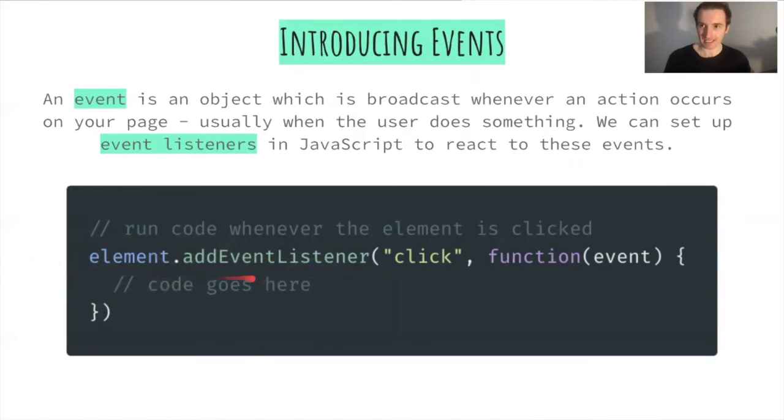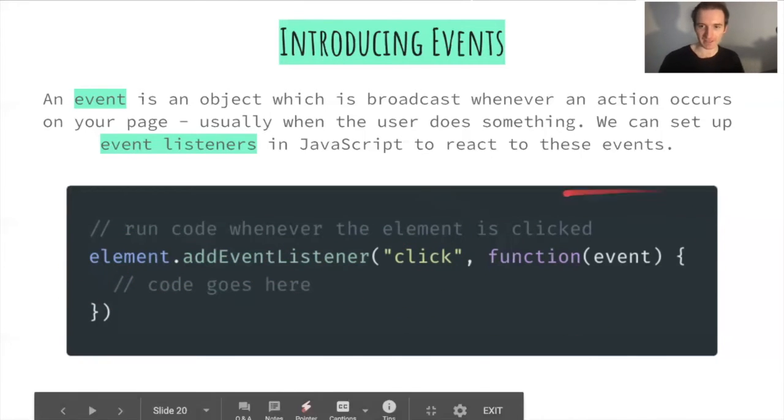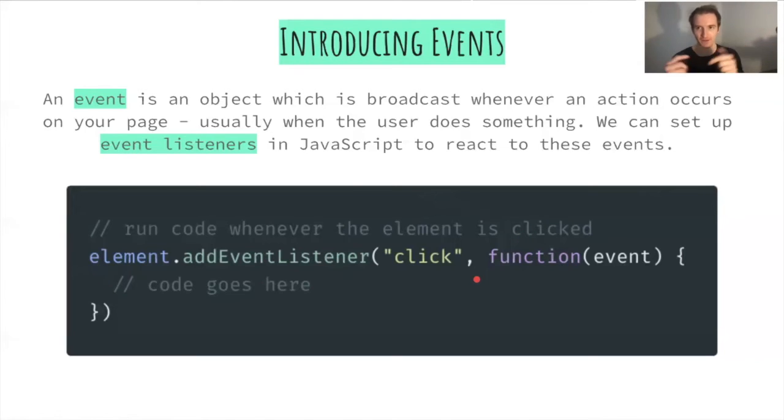The deal with a listener is that we pass in an event that we want to listen to. In this case, it's a click of the element. And then we define an event handler function, which is the function that's going to run every time that event happens, basically.